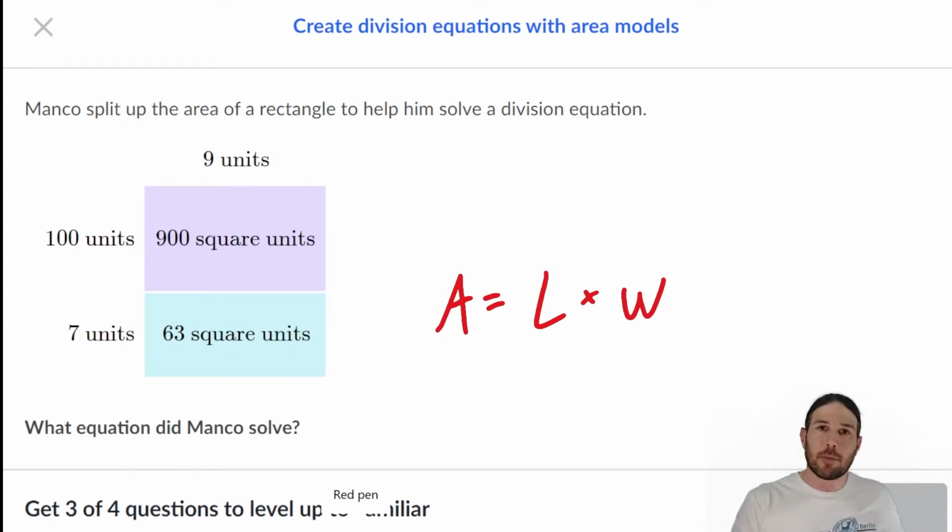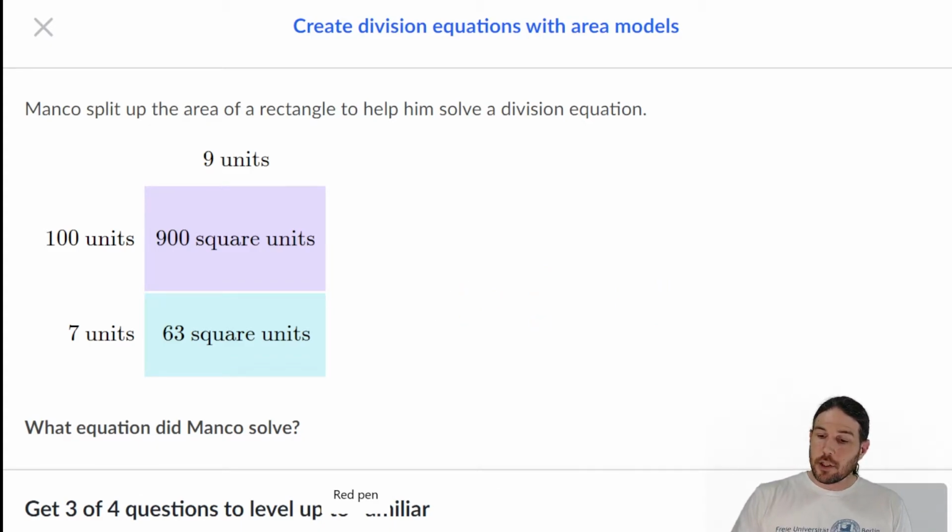Area is multiplication. Multiplication is area. It's just whether you're looking at arithmetic or geometry. So I really like these kinds of problem sets that highlight the connection between area and multiplication and division, which allow you to be visual when you're dealing with multiplication and division problems.